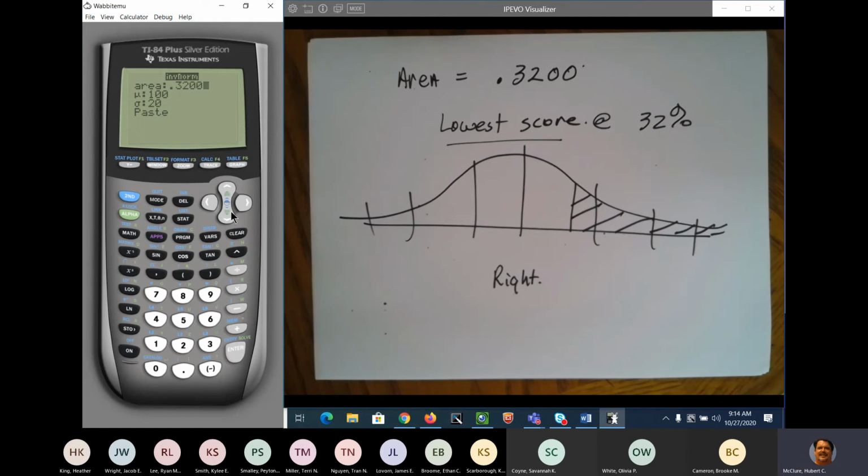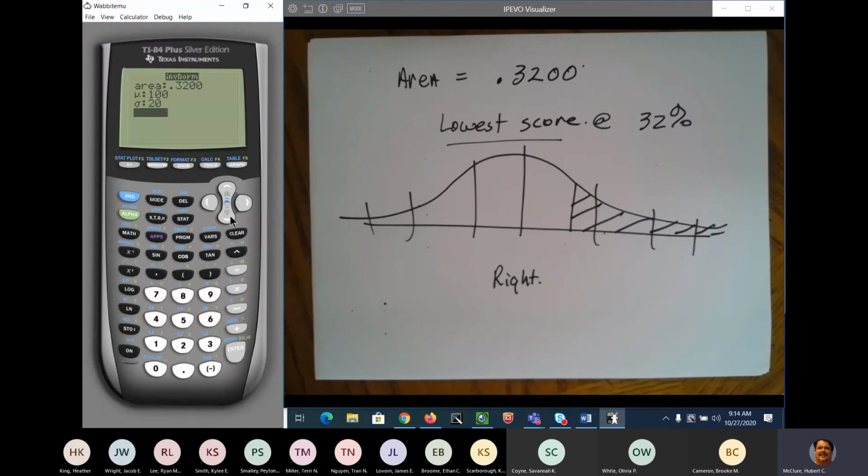Can you change mu and the standard deviation? Yes. Okay, then you would put 120, and then you would put right tail.